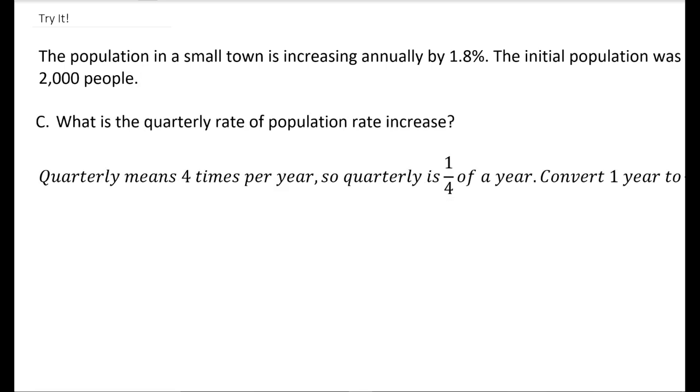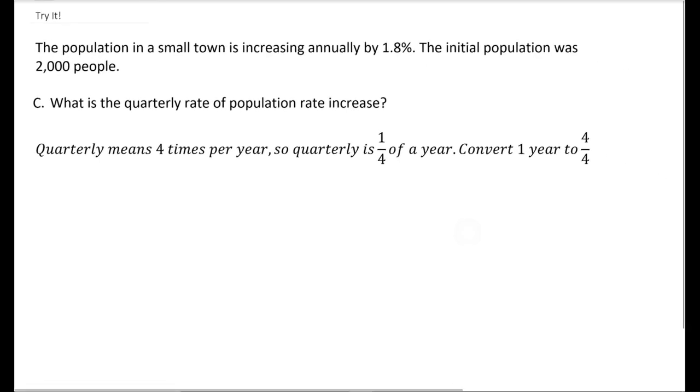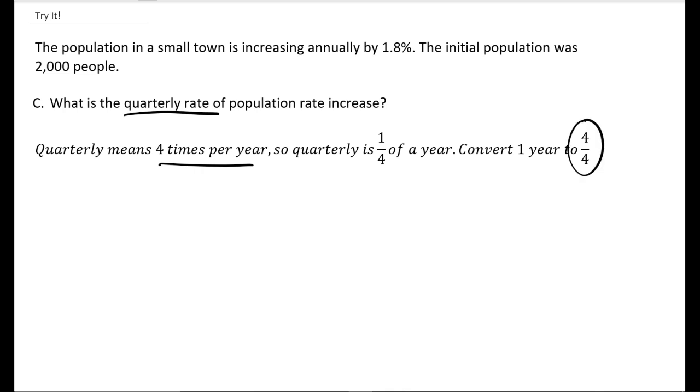All right, so now part C, what is the quarterly rate of the population increase? So if we want to find the quarterly rate, that's every fourth time per year, so 4 times per year. So the quarterly rate is 1/4 of a year. So convert 1 year to 4 over 4, 4 times in a year.